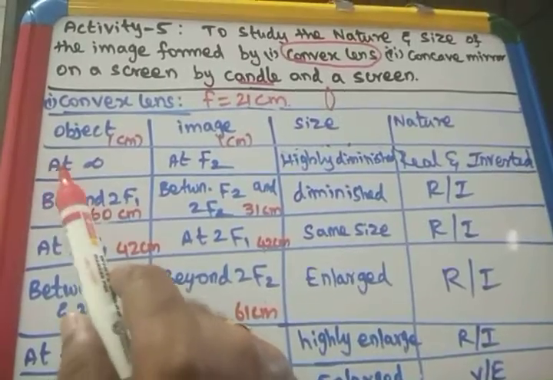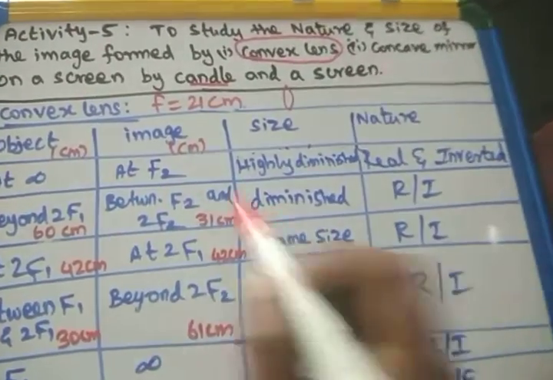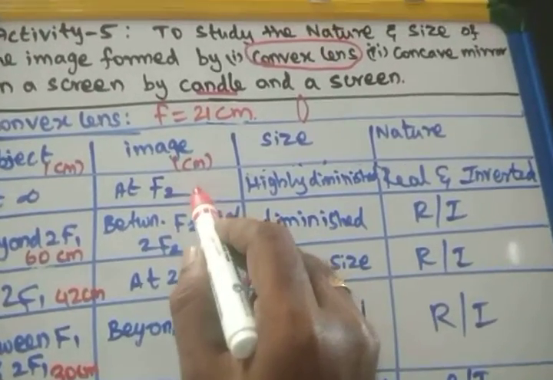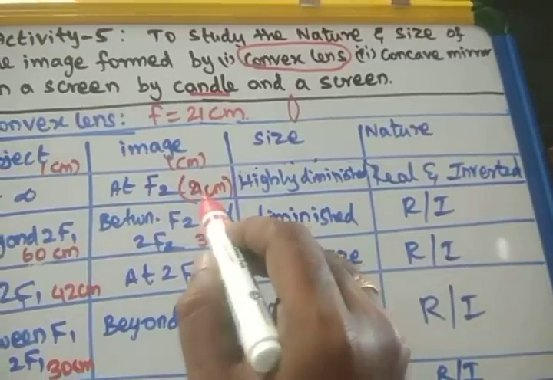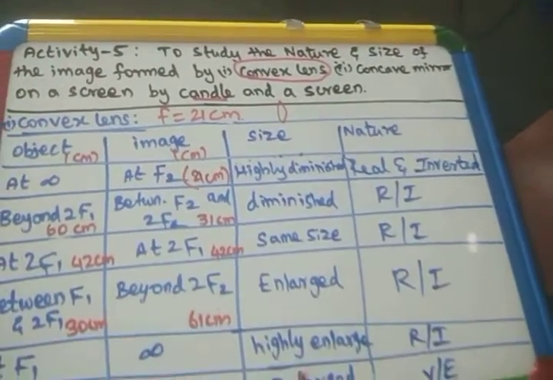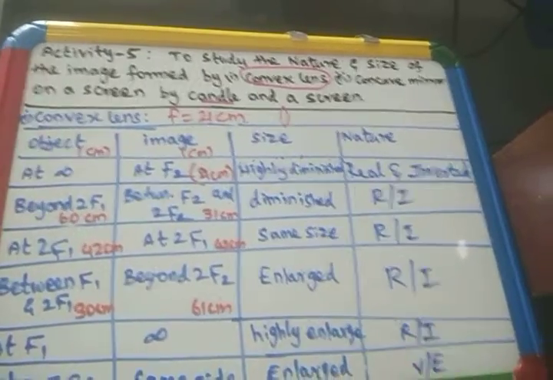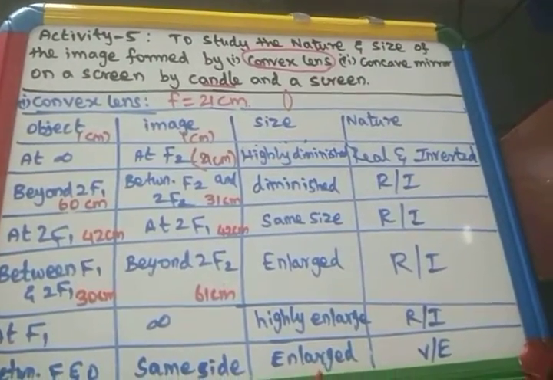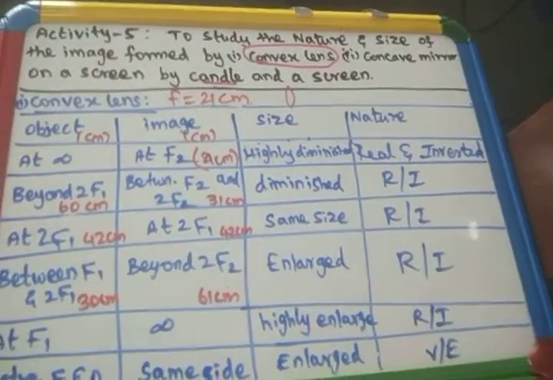So at infinity, the focus is formed at 21 centimeter. From this we found the focal length of the convex lens. That image is highly diminished, a point size image. The big trees appear as a very small image.